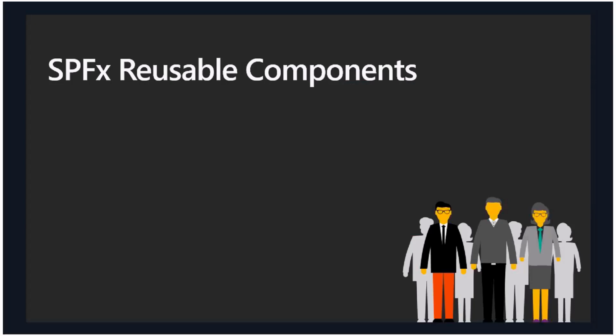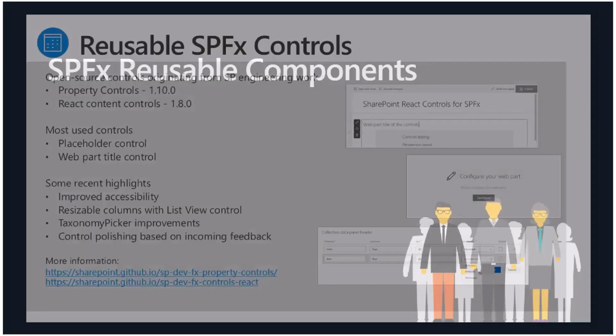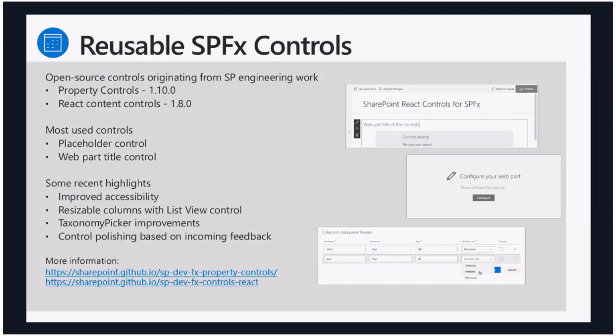Now, moving on to SPFx reusable components. Ilya couldn't make this call either, unless I'm completely mistaken, but there are new versions of both the property controls for projects, which will help you build cool web part properties, and the React content controls like the web part title and the placeholder controls, which you can take advantage of. These will reduce the costs and the development time needed by you. The most used control by far is the placeholder control, which is used very widely by the community and customers.